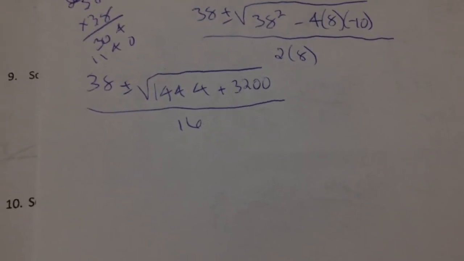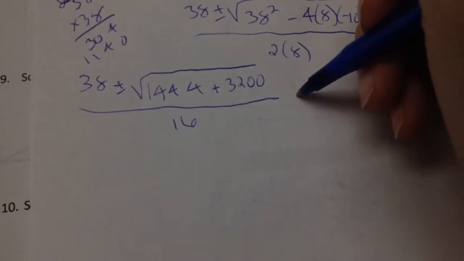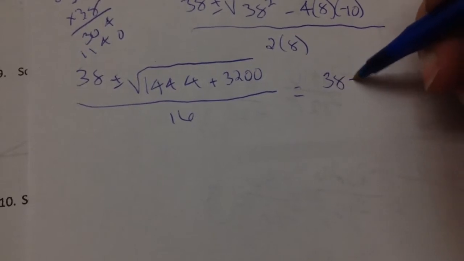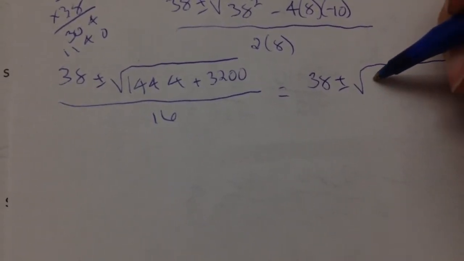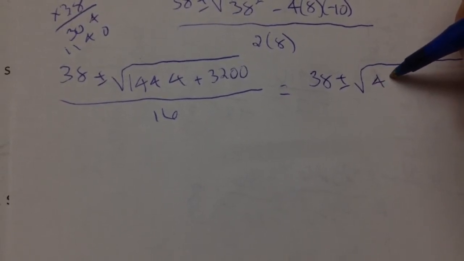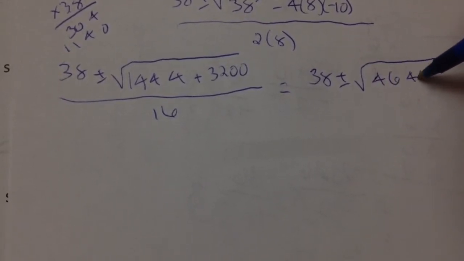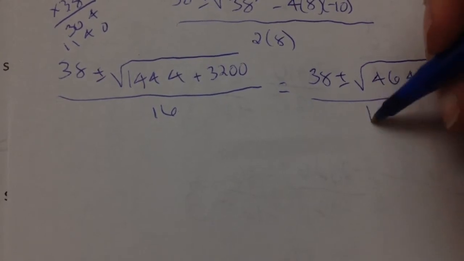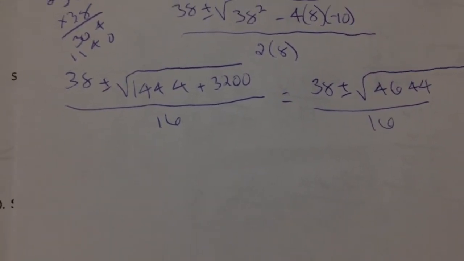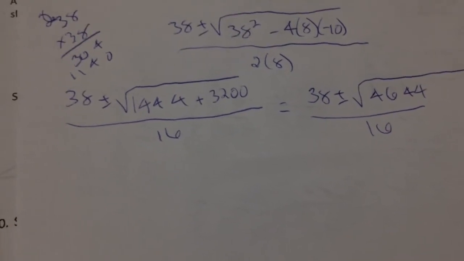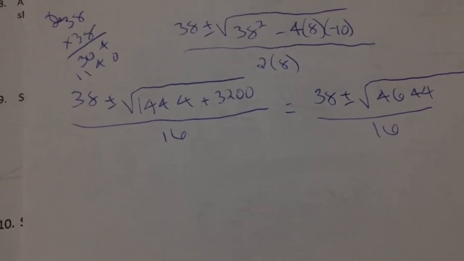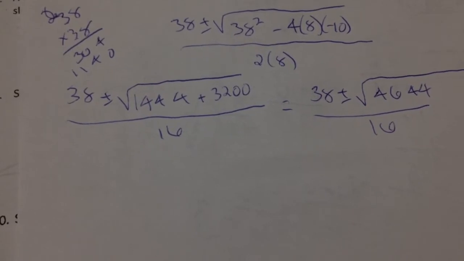Alright. So you have 38 plus or minus the square root of 4644 over 16. So before I simplify 4644, let's check to see whether or not that is a perfect square.